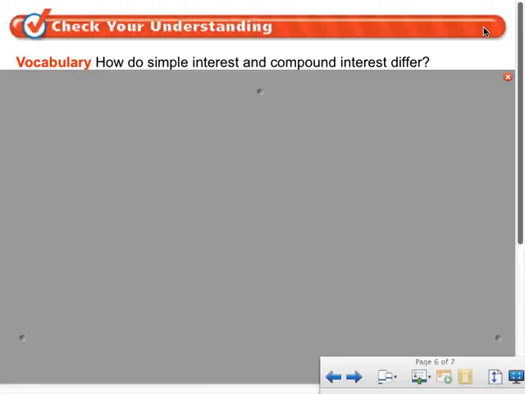Who can tell me, how do simple interest and compound interest differ? So think about the formula for simple interest and what's going on there, and then what's going on with compound interest. And actually, the book gave you the definition of the two to try to get you to understand the difference. Who can explain to the class what is the difference between the two?